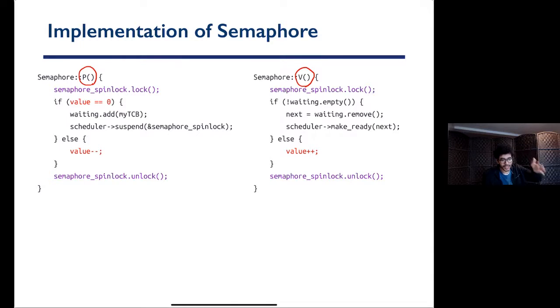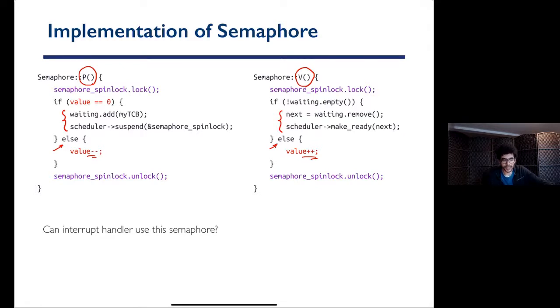Now, if you look at this implementation, you see here that in this if, the value is not incremented, and in this if, the value is not decremented. So I'm incrementing value only in this else and decrementing the value only in this else. The reason for this is just implementation. So functionality is different from implementation.